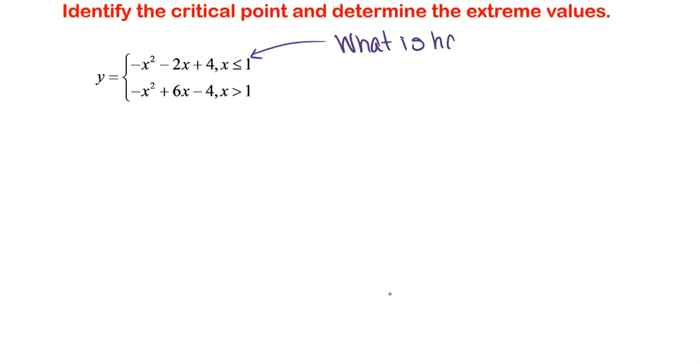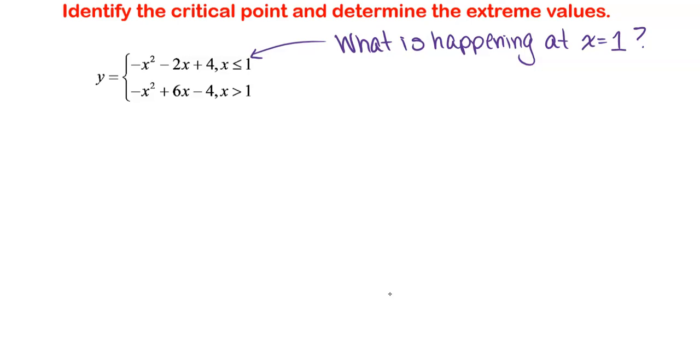So what is happening at x equals 1? We want to know, do those two pieces connect there? And we also want to know, is the derivative the same coming from both sides? So is it continuous at x equals 1? Is it differentiable at x equals 1? That'll help us figure out if we've got critical points happening there.